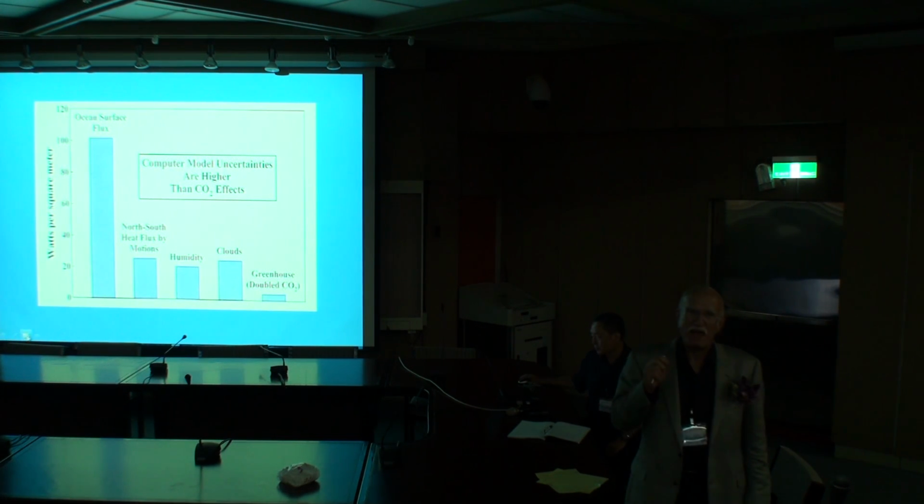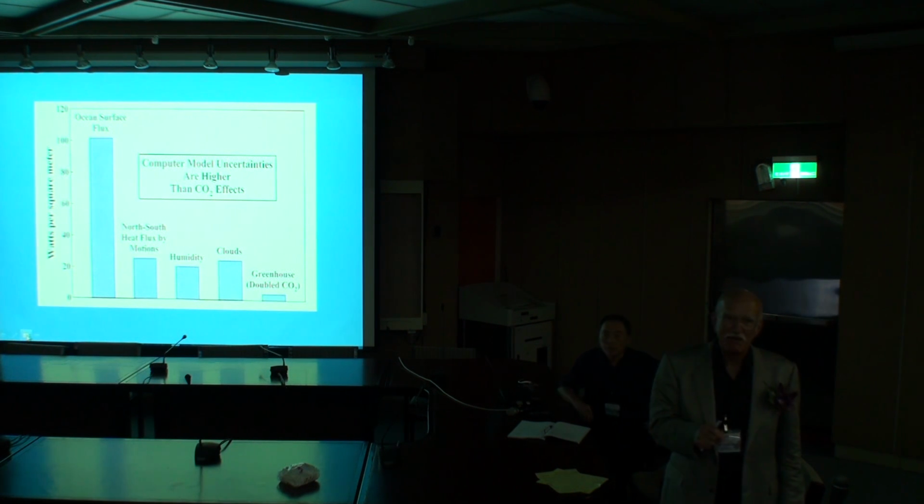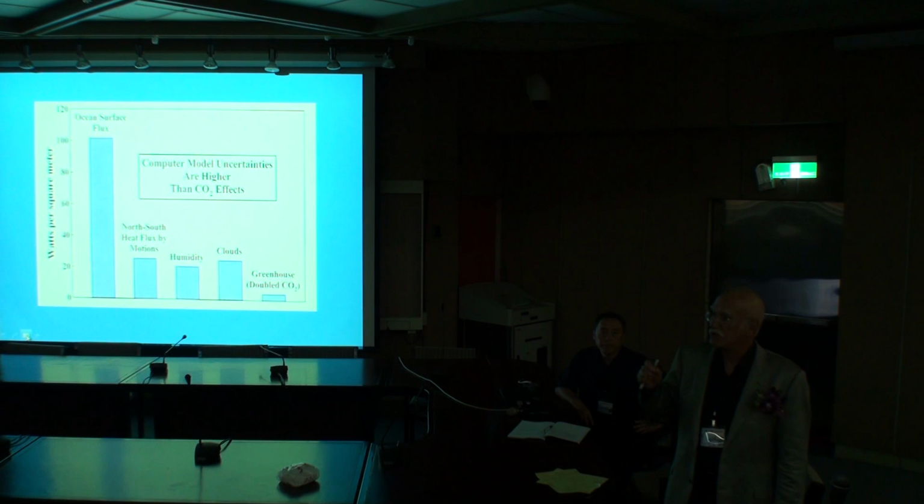We need to have more observational data. We need to have a more detailed look at what the geologic record shows us about past climate change. And these data need to be included in the analysis and the discussion of what we should be doing in society because of climate change or global warming.